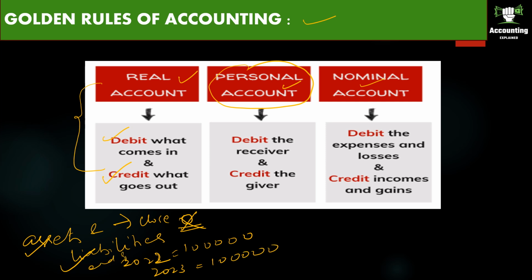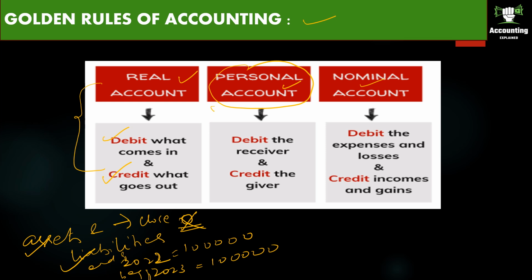Ending of 22 and beginning of 23 it will be 1 lakh. So we are not making it zero. That is the main concept of real account. Examples of real accounts are bank account, furniture account, land and buildings, machinery, etc.